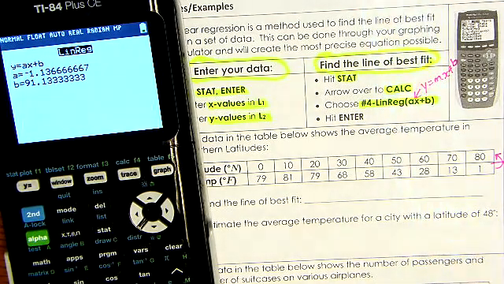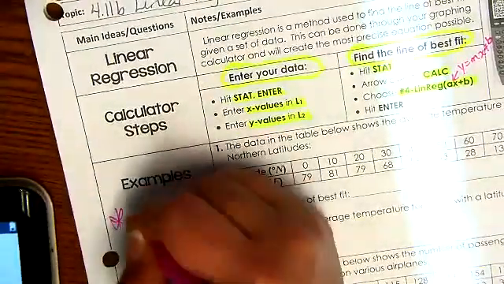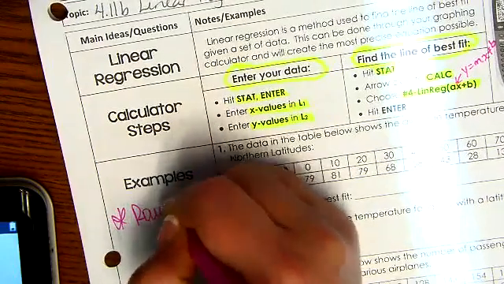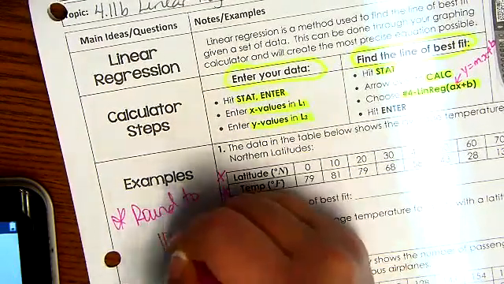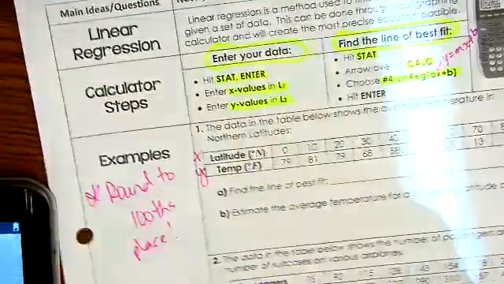Okay, so when we're writing our equation, what you want to remember is round to the 100th place, but you've got to round correctly.